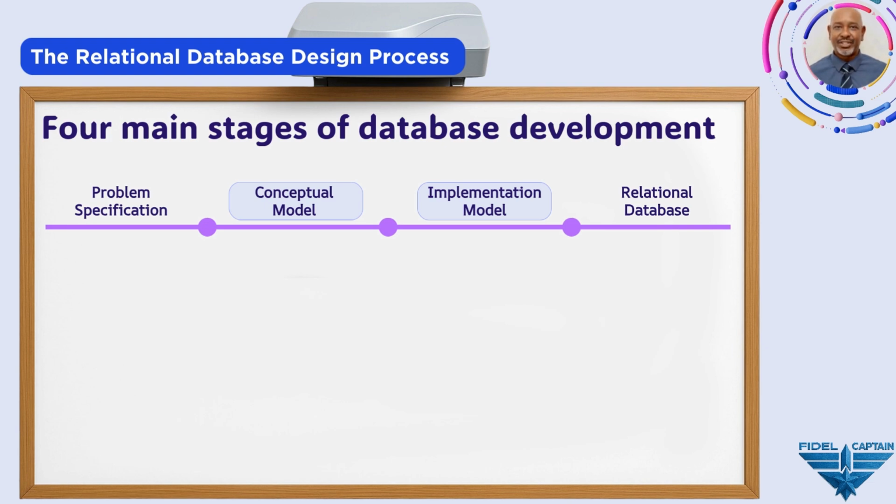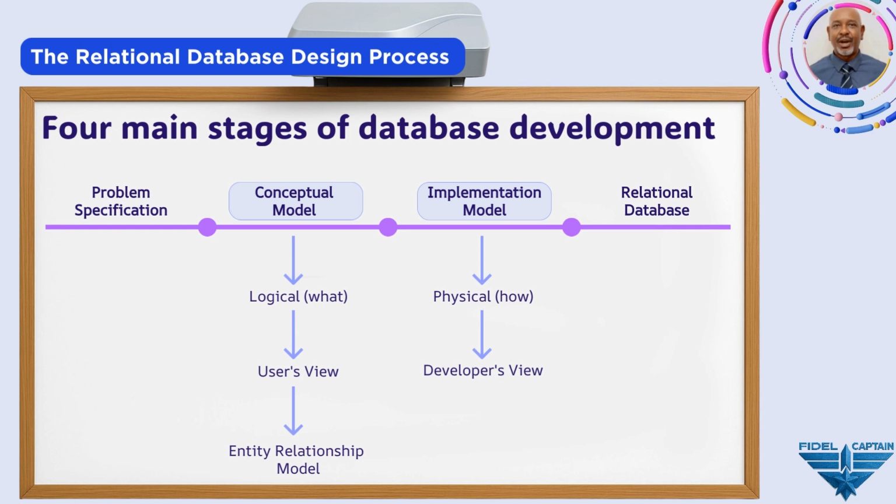Conceptual models are concerned with the logical nature of the data and what is being presented, and implementation models are concerned with the physical nature of the data and with how the data will be represented in the database. Generally, conceptual models are concerned with the user's view of the data, and implementation models are concerned with the developer's view of the data. The entity relationship model is a conceptual model, and the relational model is an implementation model.